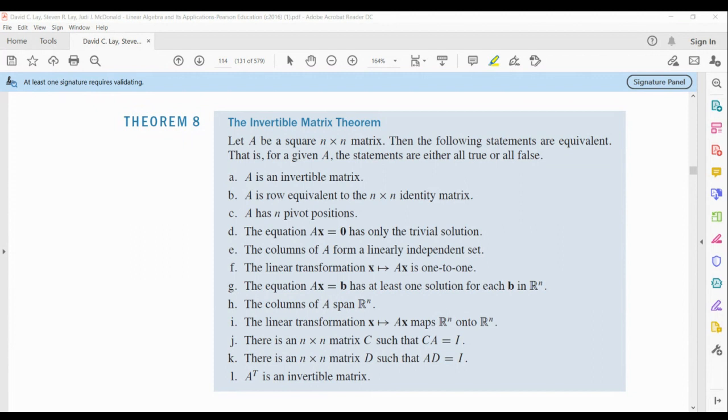How many of you would like to prove a few of these results? How many think it might be nice to prove a few of these? Would it make you feel a little more comfortable if we proved a few?